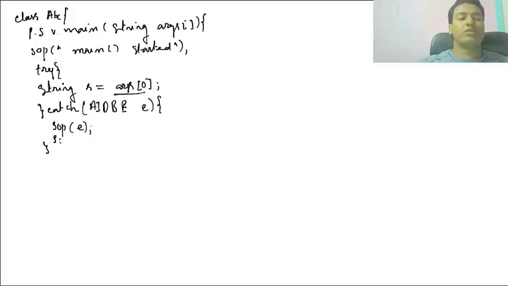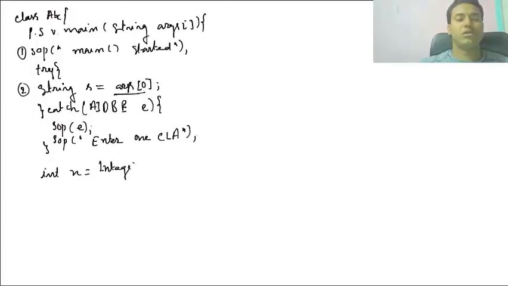And now I'll write an SOP statement here: enter 1 command line argument, right? Now the next statement, so this is statement 1, assume, and this is statement 2. Statement 3, what we did here is int x is equal to Integer.parseInt of s.